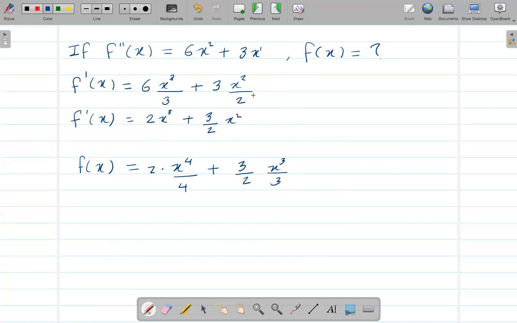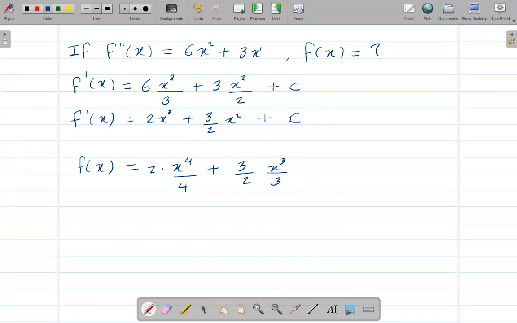Oh, one more thing. When we took the antiderivative of f double prime, we got this, but I forgot to write c, the constant, right?